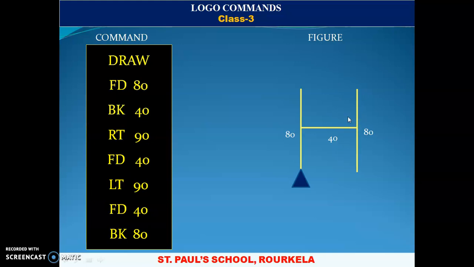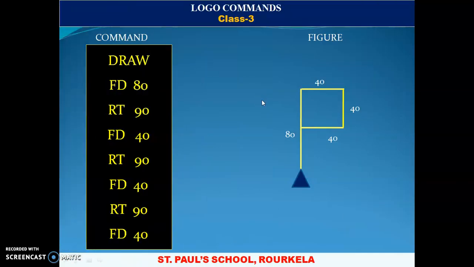If you are using the LT command, use LT90, then FD40, then BK80 full length. That means total is 80, so 40 here and 40 here. Or suppose instead of LT you are writing RT, then also RT90, FD40 and BK80. Both are correct.